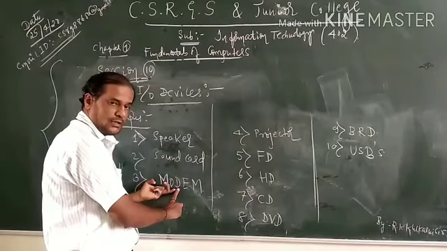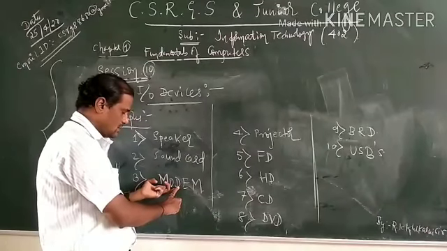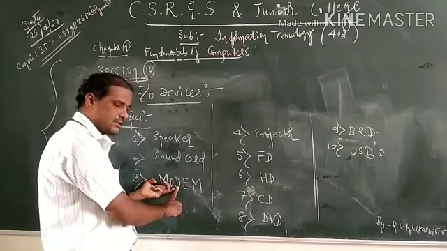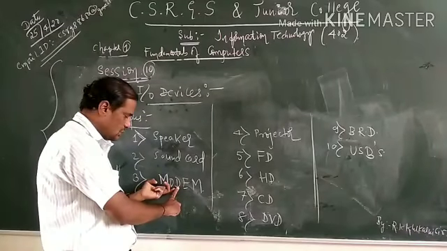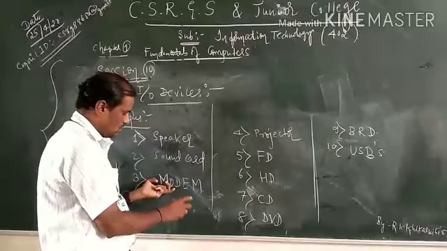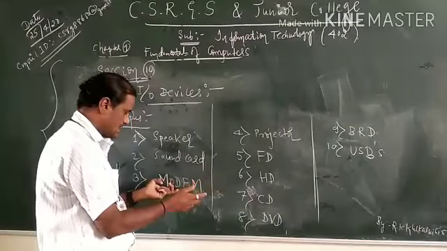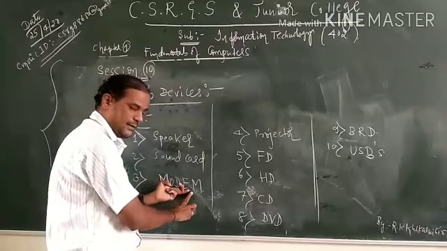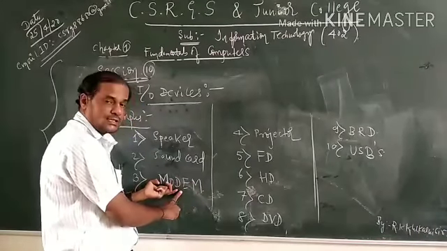The modulator takes the digital format and converts it into analog, D to A. And the demodulator at the other end takes the analog and converts it back into digital. That's why D to A to D. So that is combined and called a modem. Hence both works are done here.